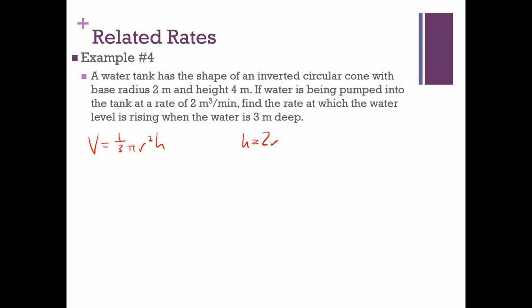So if the height is equal to 2R, think about how this would have gone if I would have substituted that in before I started doing a bunch of calculus. Two-thirds pi r cubed.